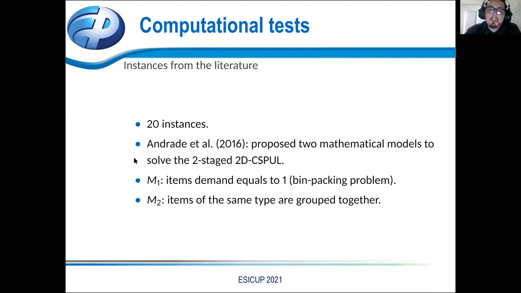The only difference between these two models is that in model 1, M1, item demand is equal to 1, just like in the bin packing problem. In model 2, items of the same type are grouped together.